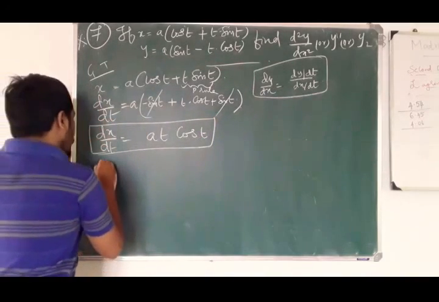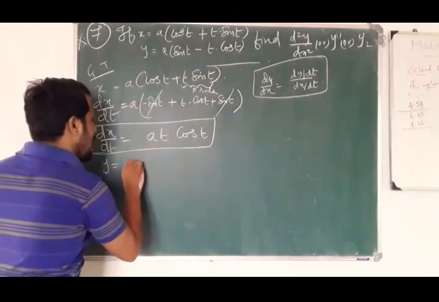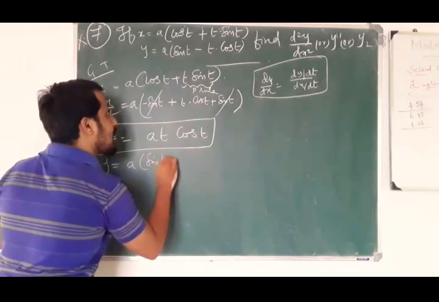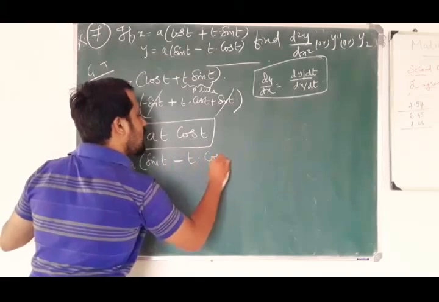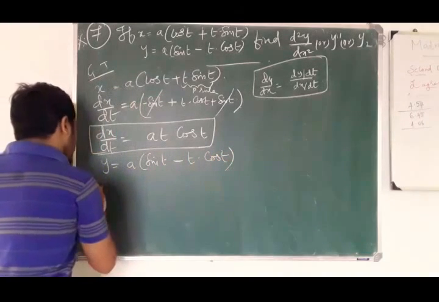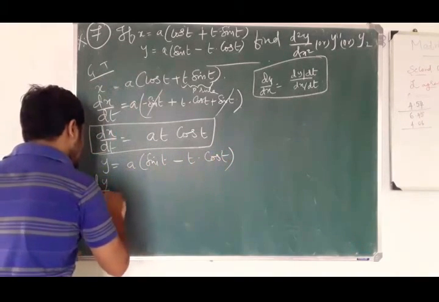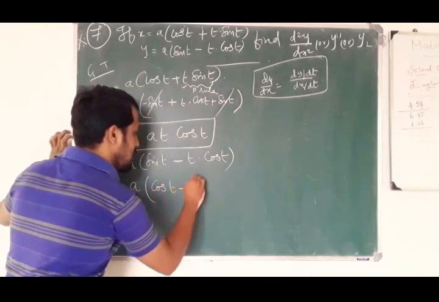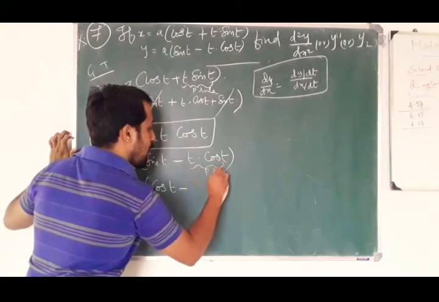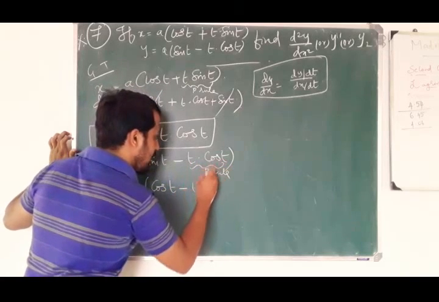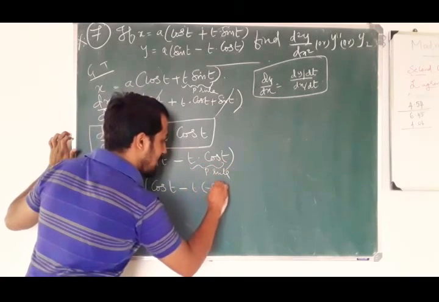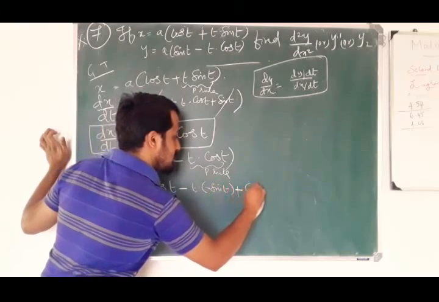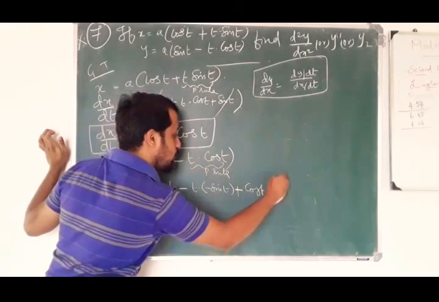Now, y is equal to a into sin t minus t cos t. Find dy by dt. So dy by dt is equal to a into derivative of sin t, which is cos t, minus, here we have to use the product rule, t into derivative of cos t is minus sin t plus cos t into derivative of t, which is nothing but 1.